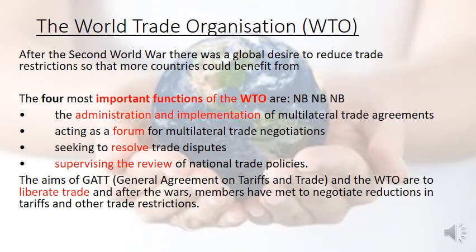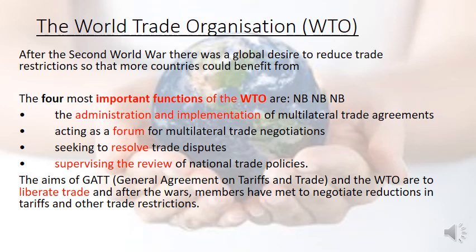So just having a quick look at the World Trade Organization. It was developed after the Second World War, and obviously for the greater good. The four main functions of the World Trade Organization are quite often asked in shorter questions. The administration and implementation of trade agreements. They act as a forum for trade negotiations.